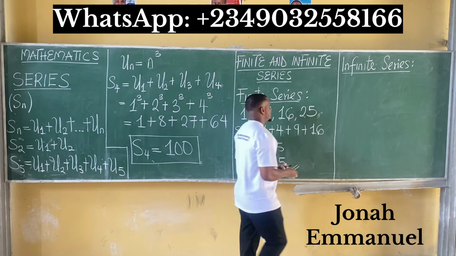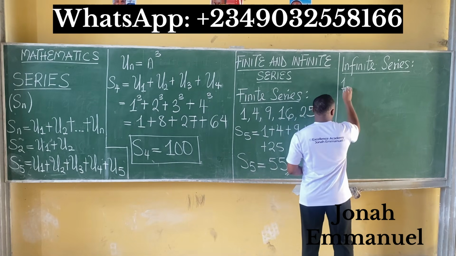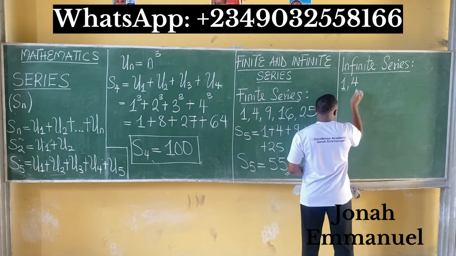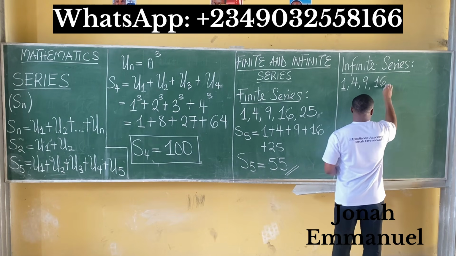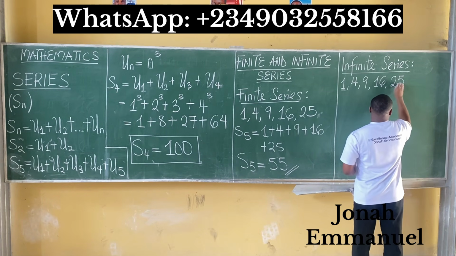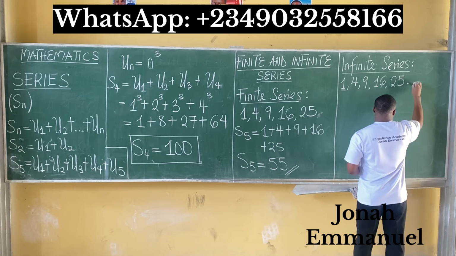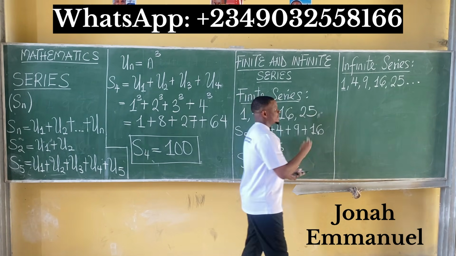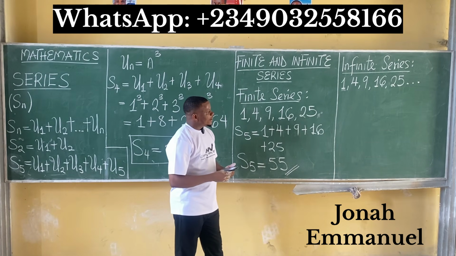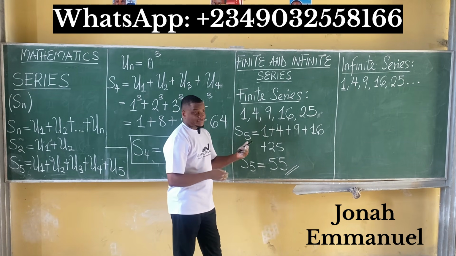How do we do that? Let's say we're given the sequence 1, 4, 9, 16, 25. To make this infinite, we'll put dot, dot, dot. So we have this. Let's get the sum of this.